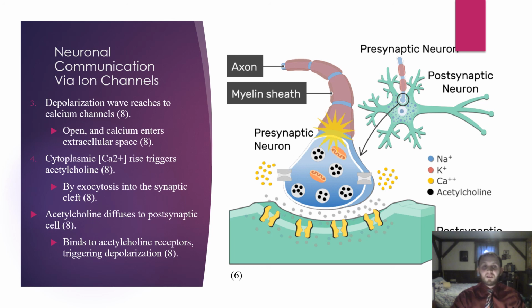It binds to the acetylcholine receptors here, which ultimately triggers the depolarization of the next neuron cell. And that is how neuronal communication occurs, and thus is how electrical signaling by ion channels is done.